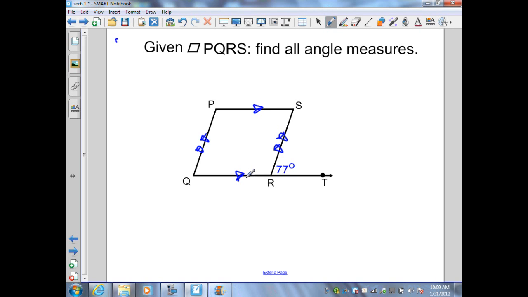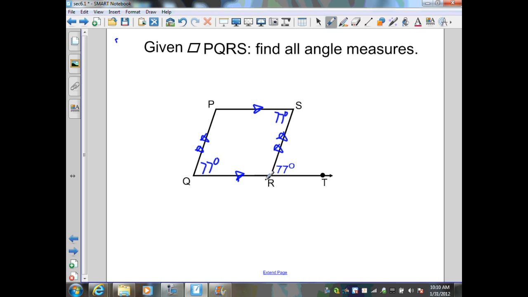If two parallel lines are cut by a transversal, then alternate interior angles are congruent. Therefore, angle S is 77 degrees. Also, I can find the measure of angle Q using 77 degrees. If these two parallel lines are cut by a transversal, then corresponding angles are congruent. Therefore, angle Q is 77 degrees.